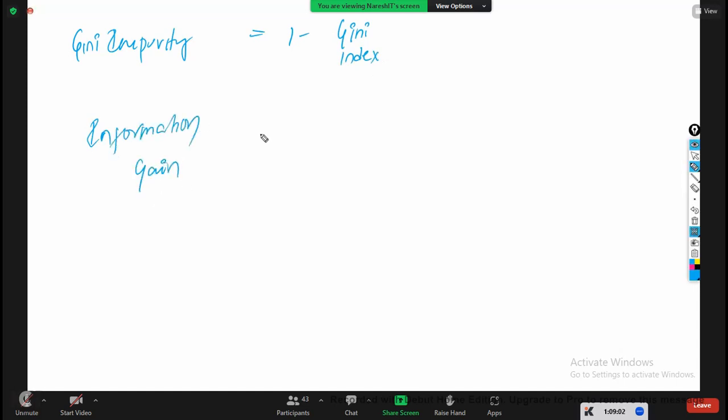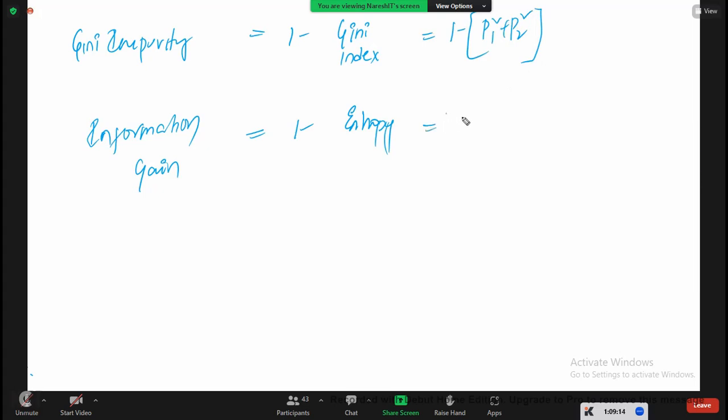Now from this, we are going to identify the information gain. And so once again, we are having Gini impurity, which is equal to 1 minus Gini index. Next, information gain, which is equal to 1 minus entropy. So if it is a binary class, you are having P1 square plus P2 square.